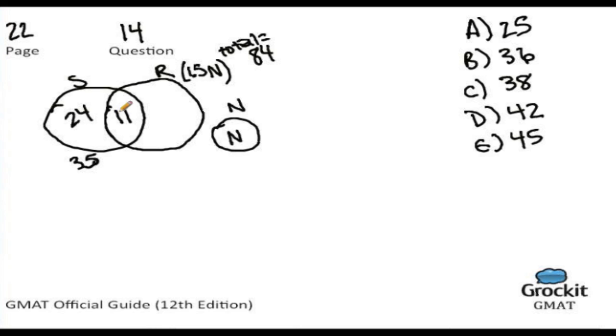You have to subtract it once, because otherwise you end up double counting it when you add up circle 1 and circle 2. So circle 1 plus circle 2 minus both plus neither. We can also do the inside of circle 1, the part that doesn't have the both in it, plus the entirety of circle 2, which is in this case 1.5n, and plus those that are doing neither.